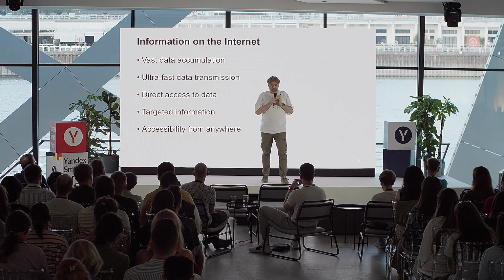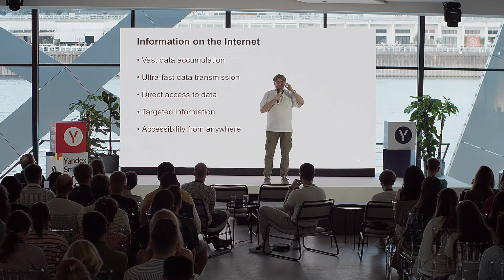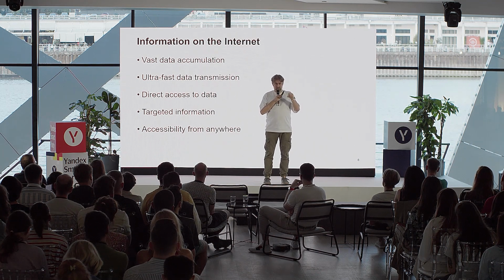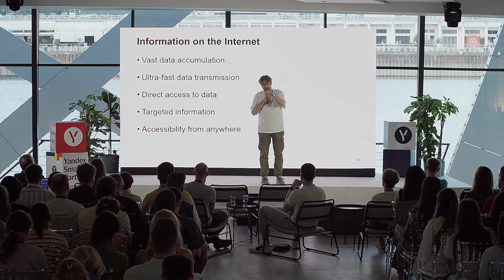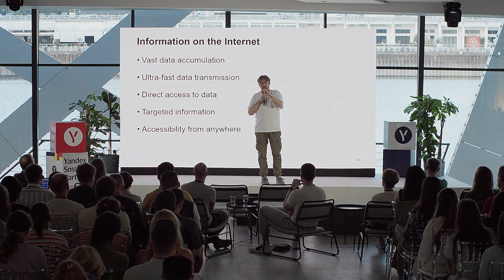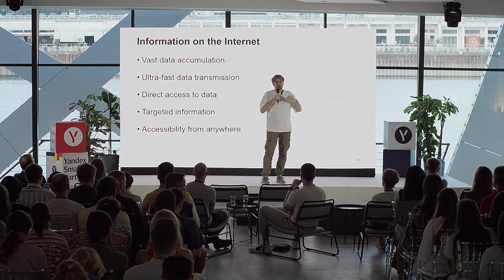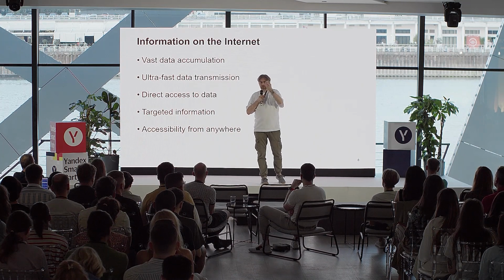And also, via the internet, we have direct access to information. If we talk about books, we also have direct access, because you can read the table of contents, use page numbers, and go to the exact page. But at first you need to go to a library to find the needed books.